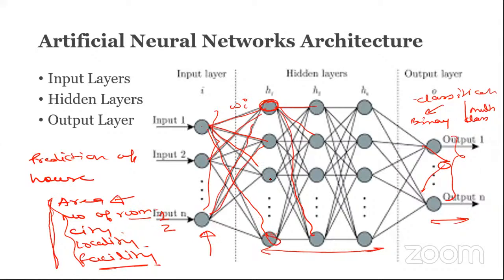This node has some information that is shared with this node and this node. So the nodes are connected with each other, and for each connection some weight is there. Whatever the weight is, that weight is multiplied with the information stored in the previous node, and you pass it on.